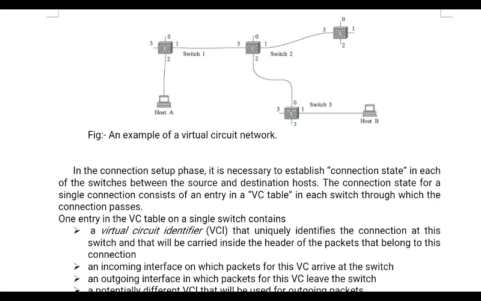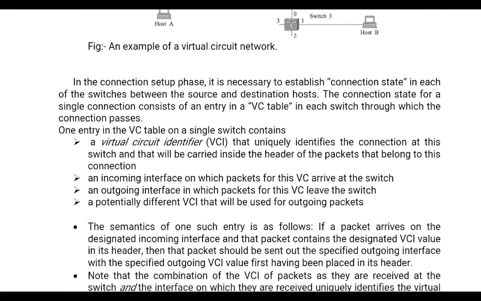So what information is going to be present in that? It is going to maintain the VCI, the virtual circuit identifier, that uniquely identifies the connection at this particular switch. With the help of this VCI, they are going to identify the connection at that switch. This VCI is carried inside the header of the packets that belong to this connection.